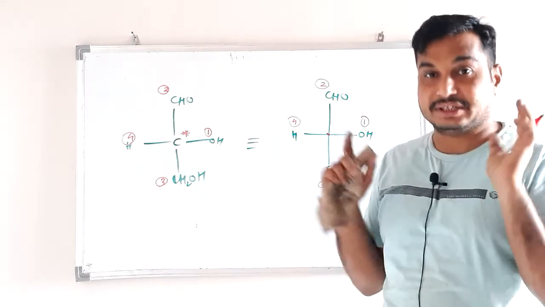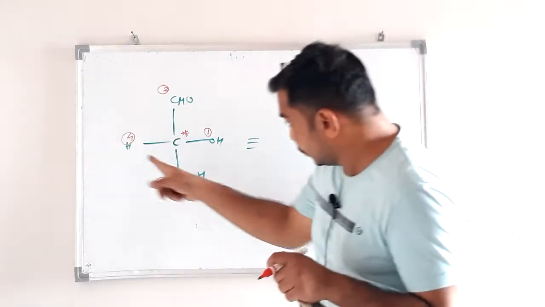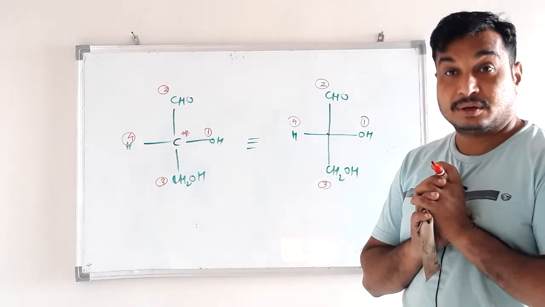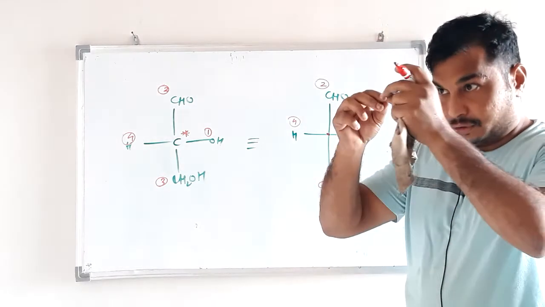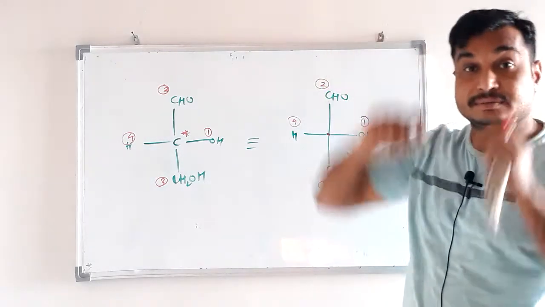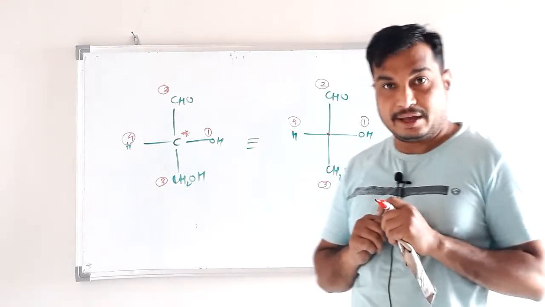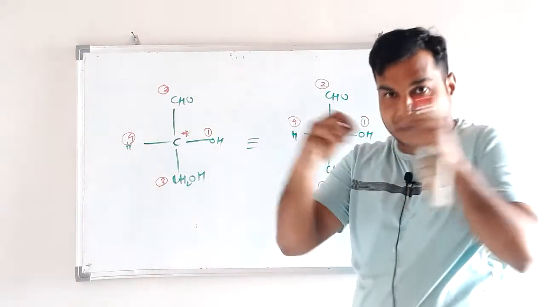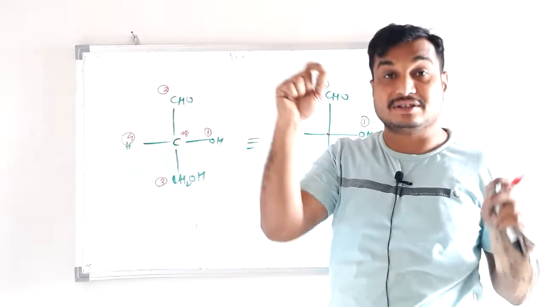We want that group on the back side. Here the lowest priority group is hydrogen. Is it on the front side or the back side? We don't know. But in the Fischer projection formula, we have already mentioned that a substituent on the horizontal line will be on the front side in the three-dimensional structure.